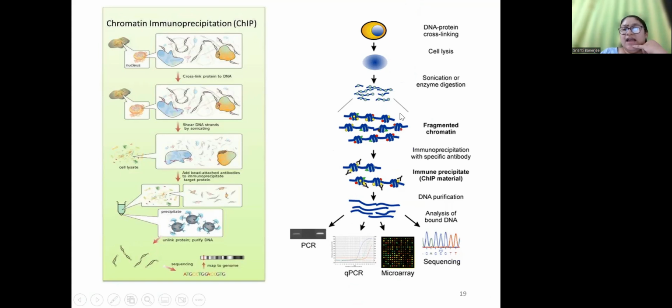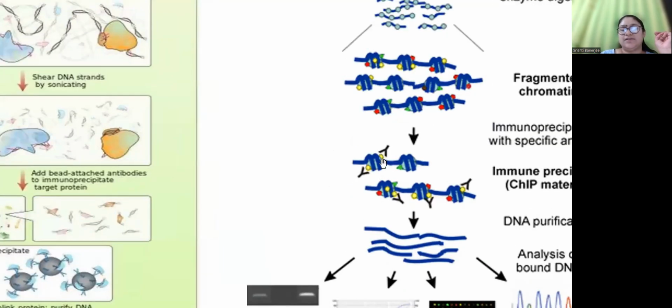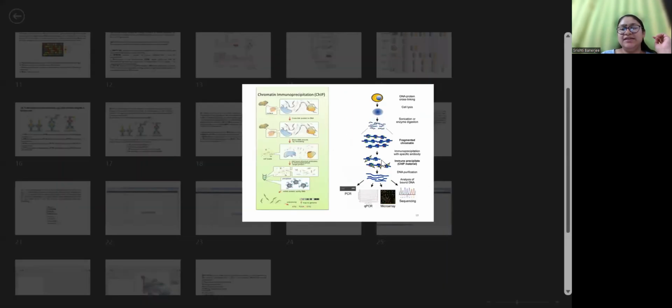In order to separate this from the entire solution, the lysate, we give antibodies directed towards these complex proteins.